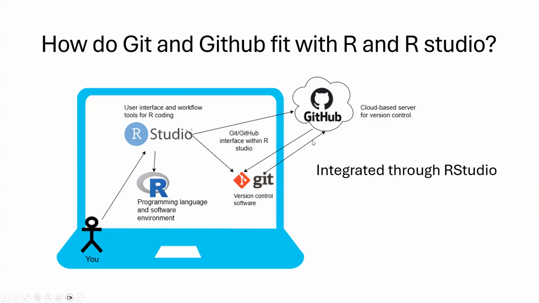And then GitHub is this cloud-based server that you interact with through the internet. And RStudio is basically the only software that you actually interact with on a day-to-day basis. All of this stuff is going on in the background. So RStudio has a user interface for doing version control with Git.